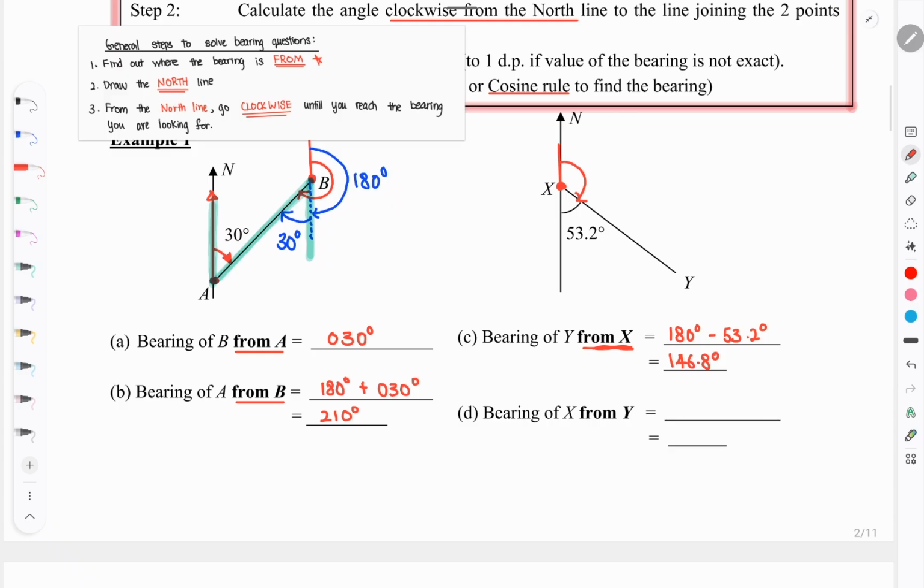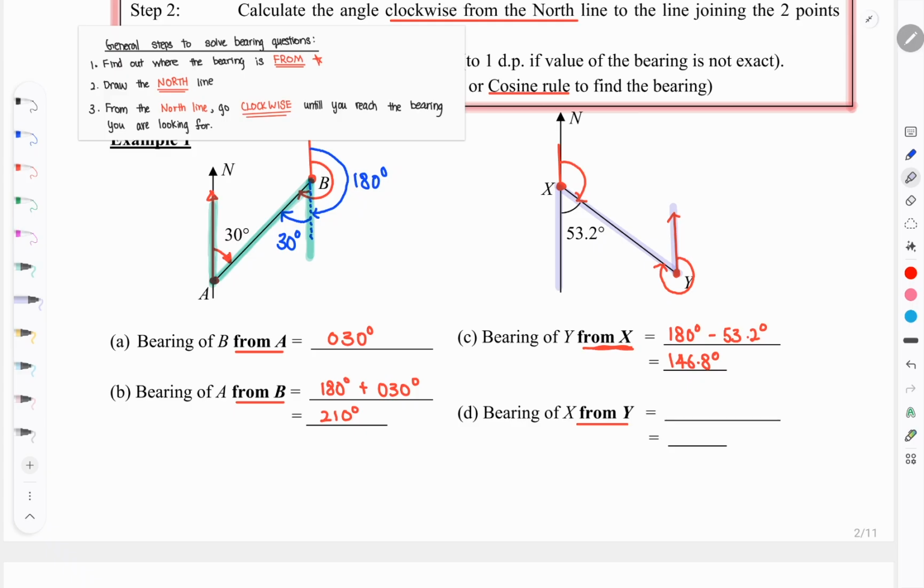Okay, part B, I want to find bearing of X from Y. So from Y, I draw a north line and I go one full round all the way until I find the X. Okay, same thing. What I can do is I can use my alternate angle. So do you see that there is a Z over here?